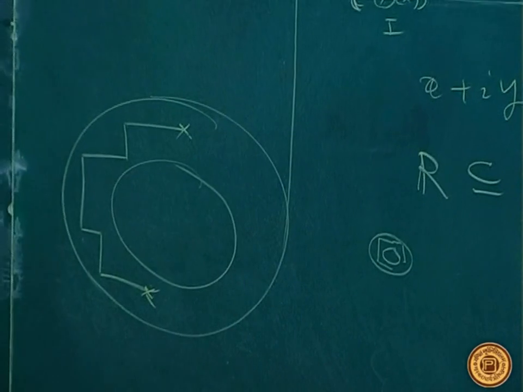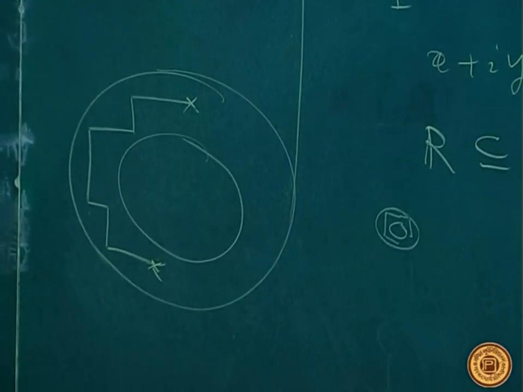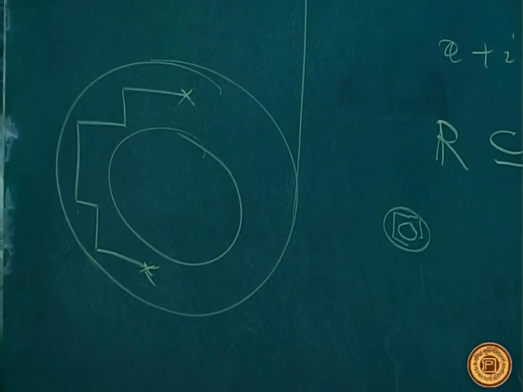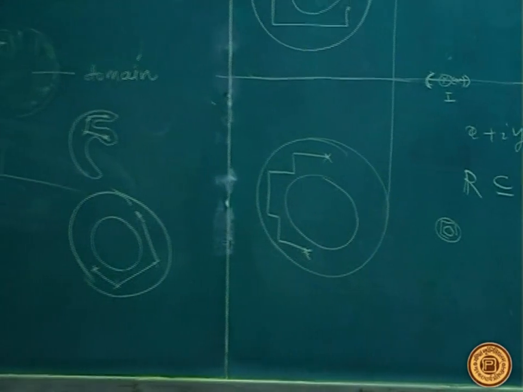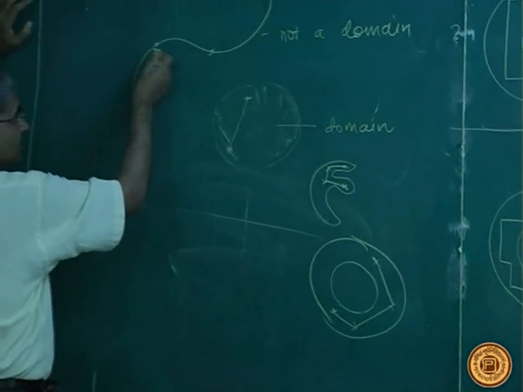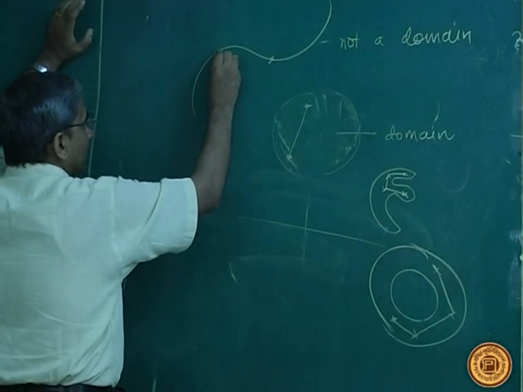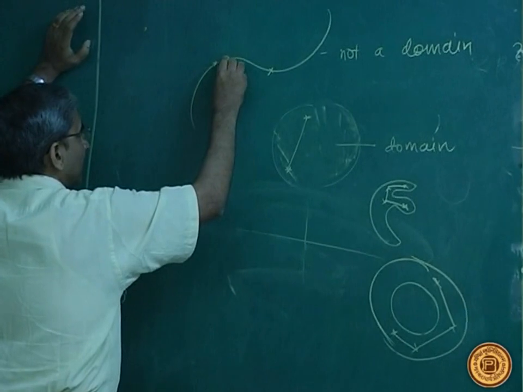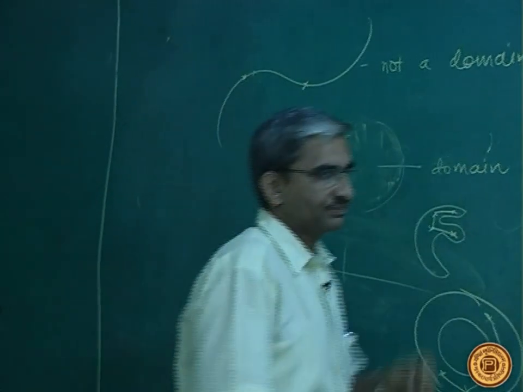Remember, if the set is just connected, then it may not be possible. For example, if you take this curve, and I take these two points, now can I join this, first of all, by using a straight line? Forget about horizontal or vertical. I cannot join, because if I take another point, then this straight line will not lie on the curve again.